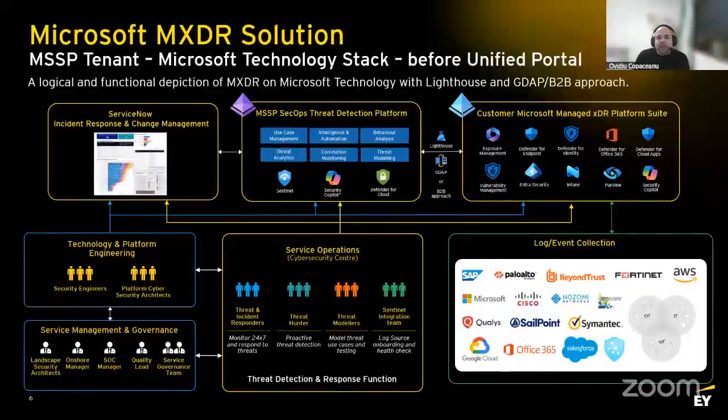And as you can see on the right, everything is in the customer tenant, so we're not keeping anything ourselves. We have the data, the logs, the security services, the playbooks, and the analytical rules in the customer tenant. With the help of Lighthouse, we can manage the customer services as if they are in our MSSP tenant, but technically they aren't.